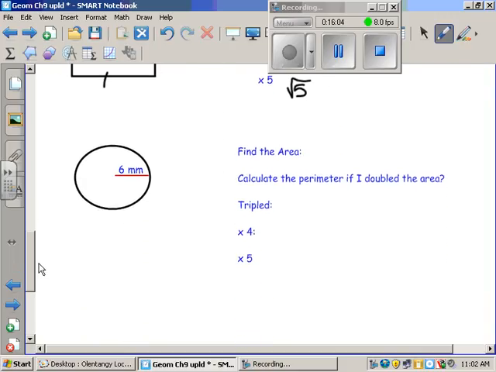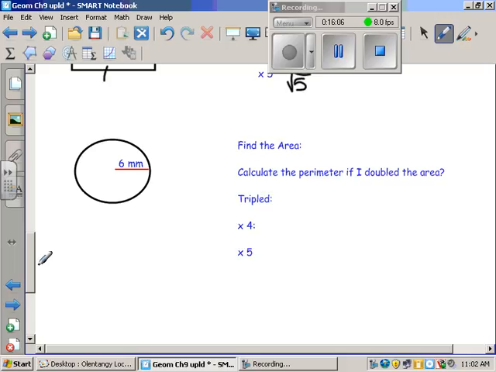Okay? Same thing here. To find the area, this is 36 pi. The perimeter, though, is 12 pi. Okay? What if you doubled the area?